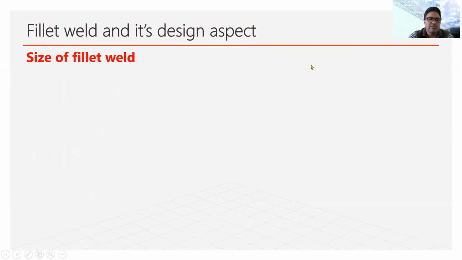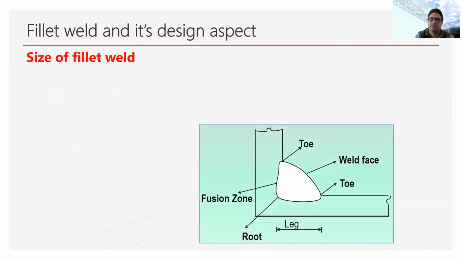Size of fillet weld, I have also discussed a little about it in the previous slide. First we need to understand that this white part is the actual profile of the fillet weld when welding takes place.